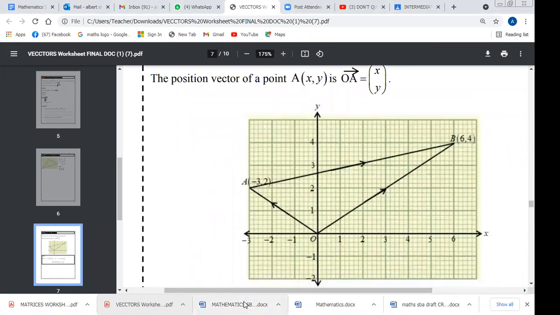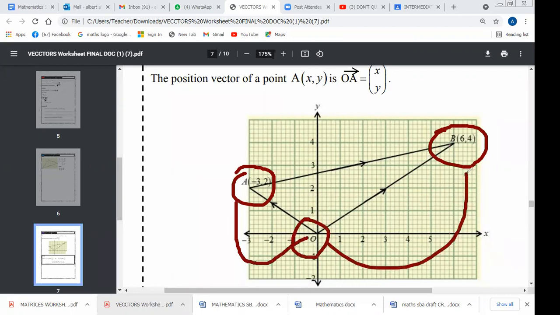So if I say I want to go from vector A to B, I can go directly, or I can go from A to where? O, then O to B. So we have this vector equation, AB is equal to AO plus OB.